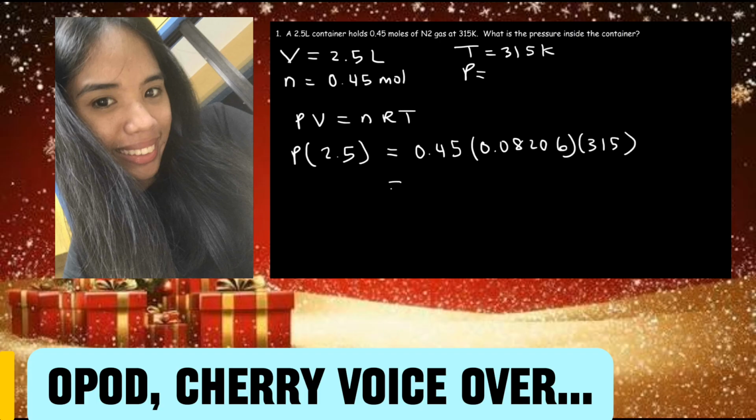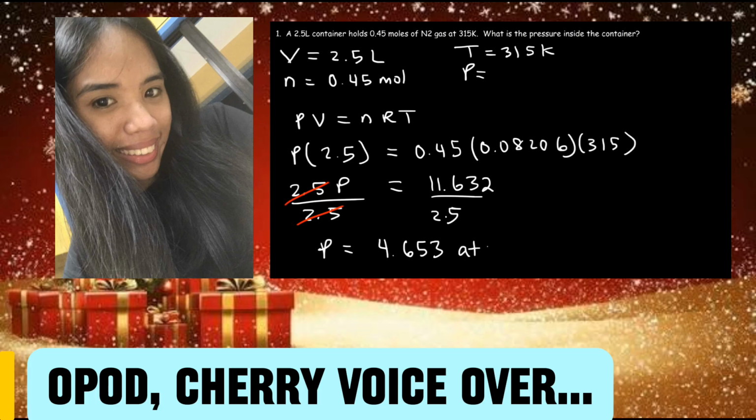That's equal to 11.632. Now, to get P by itself, we have to divide both sides by 2.5. So it's 11.632 divided by 2.5, and that's going to give you a pressure of 4.653 ATM. And so this is the answer to this problem.